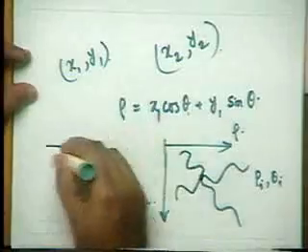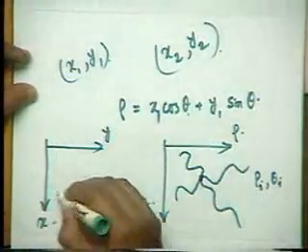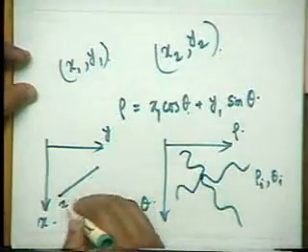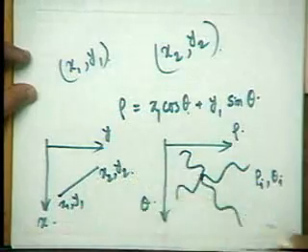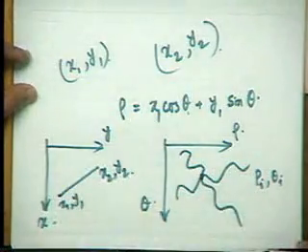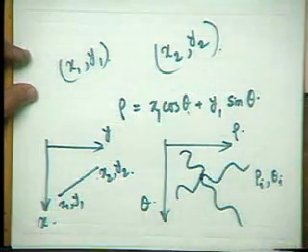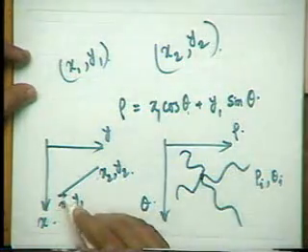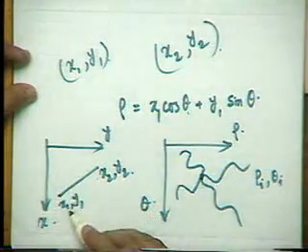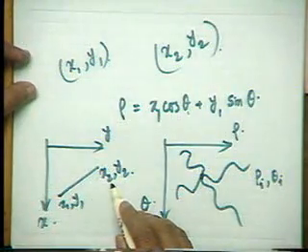If I take the xy plane and join x1 y1 and x2 y2, it is going to have some value of rho theta, and that value is rho I theta I. So the point of intersection gives me the value of rho theta corresponding to the straight line joining x1 y1 and x2 y2.